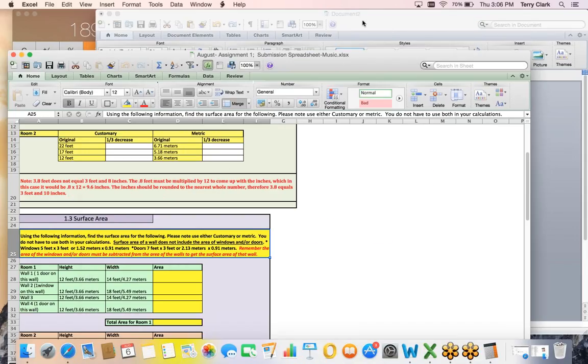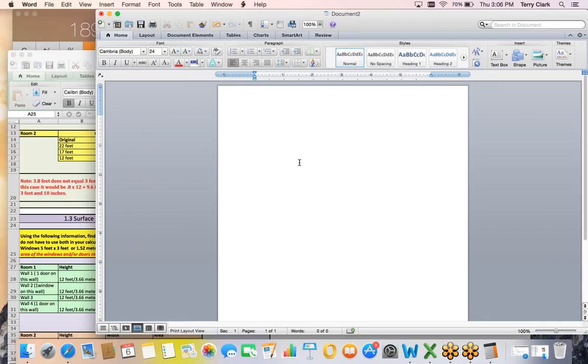Now, let's say we have meters. All right. So for the windows, the meters are going to be 1.52 times 0.91. Okay.